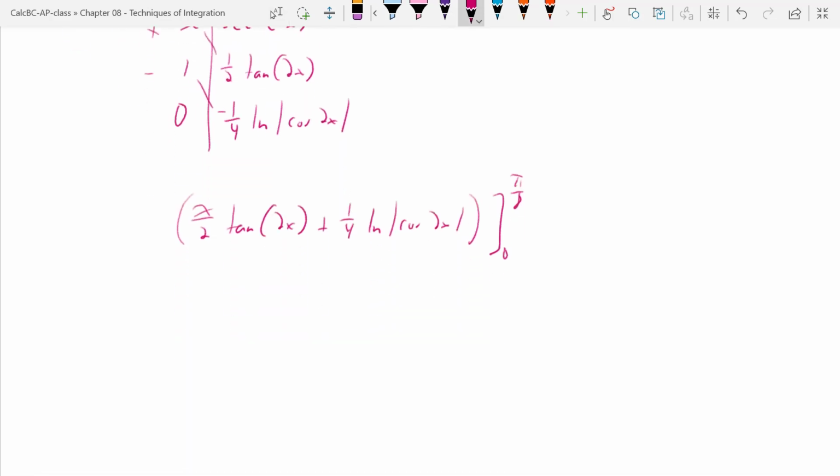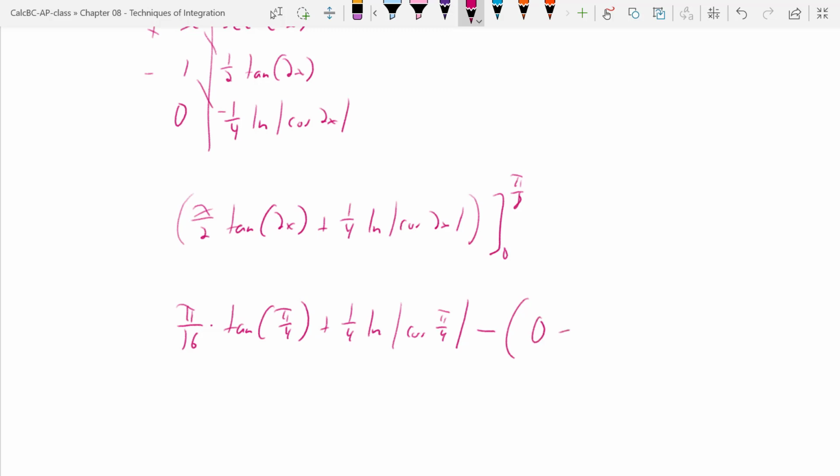So when I plug pi over 8 in, I get pi over 16 times the tangent of pi over 4 plus 1/4 times the natural log of the cosine of pi over 4 minus, well, the tangent of 0, well, 0 over 2 is 0, so that doesn't matter.